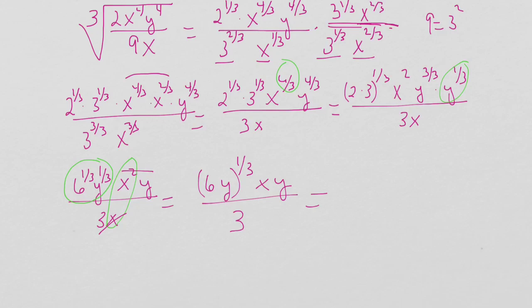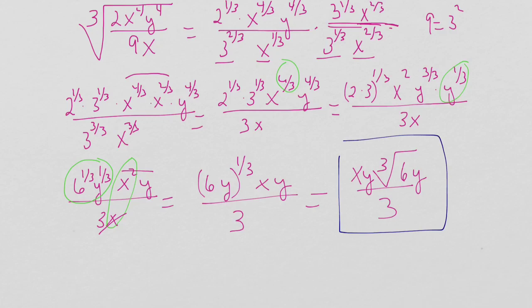Well, 6y to the 1/3 is the same thing as the cubed root of 6y. We have an xy out in front, all over 3. And this is the simplified and rationalized version of what we started with.